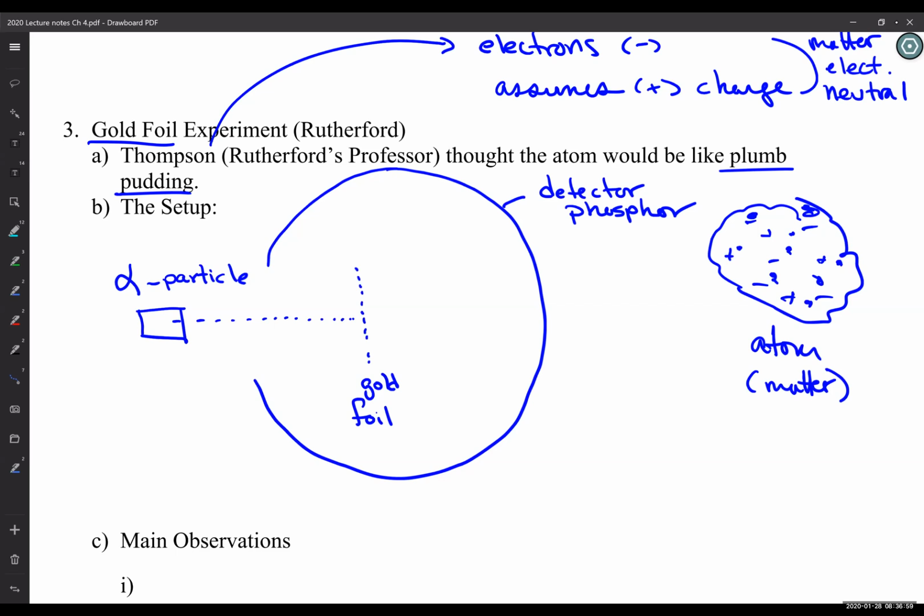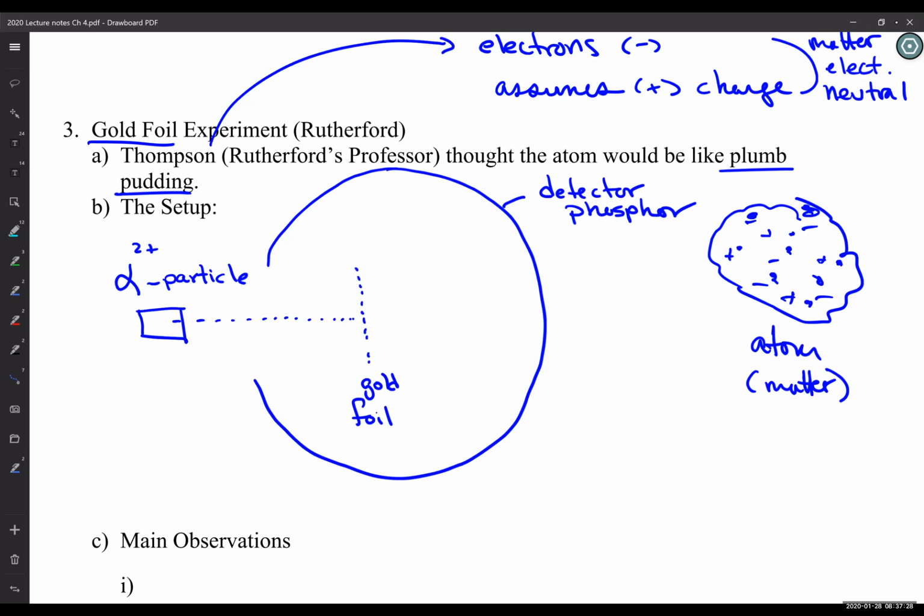So what would you expect to happen? The expectation would be that they would go through and there would be small deflections occasionally because they would get close to a positive charge and deflect. Turns out alpha particles have, I should have said this earlier, a 2+ charge on them. They didn't use 2+ back then, we just call it 2+ now.